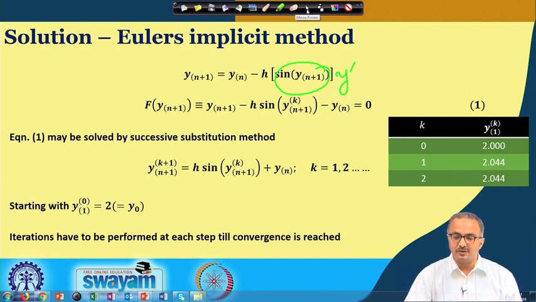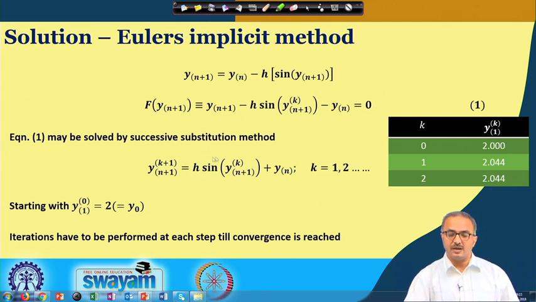So, what we are doing is that we are using this particular method by successively substituting it. So, we are putting the next value in terms of this particular value. And as I told you in my earlier lecture, this is not the unique choice for y n plus 1, you can choose any other ways of finding the y.